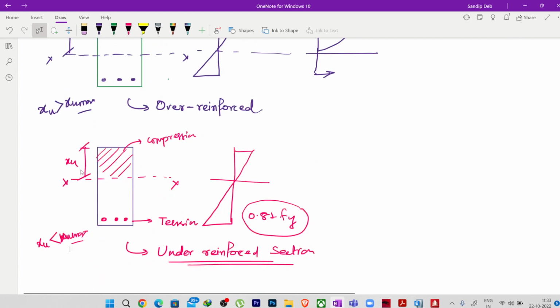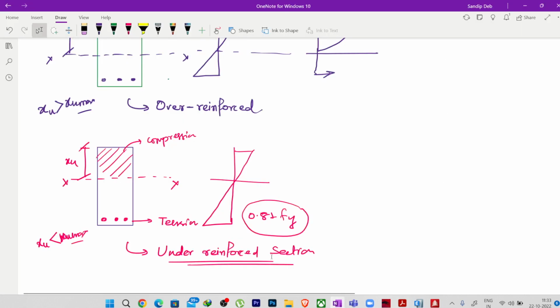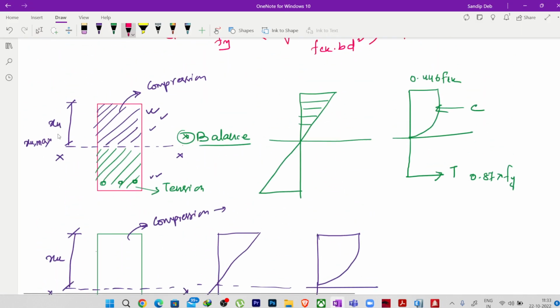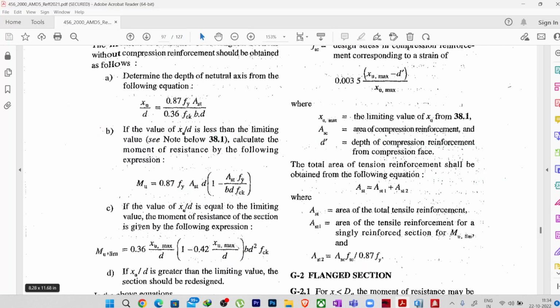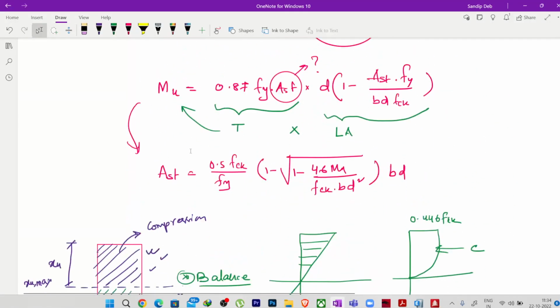As my XU is less than my XU max, if you see here, it is written that if the value of XU by D, just to normalize it, is less than the limiting value, that is, up to the point when XU is equal to XU max, then if you want to find out the AST value, that means the steel required in tension, we can use this particular formula and find out the AST by simplifying this formula like this, right?